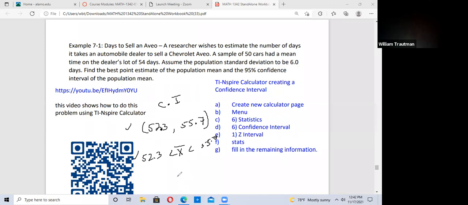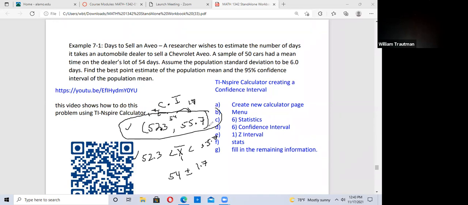You write down the average, which was 54, and then we plus or minus the margin of error. If 54 is right in the middle, adding 1.7 gets larger and subtracting 1.7 gets smaller. So it's 54 plus or minus 1.7.